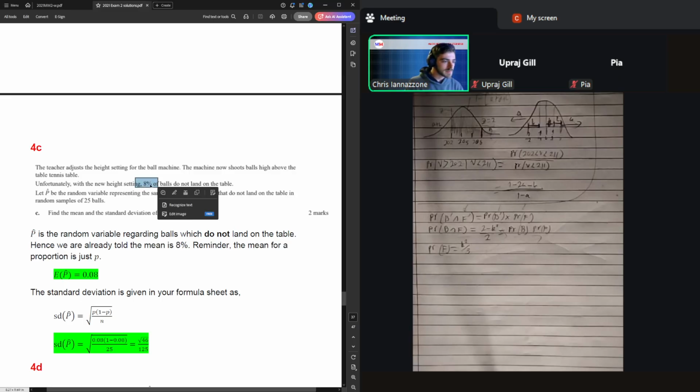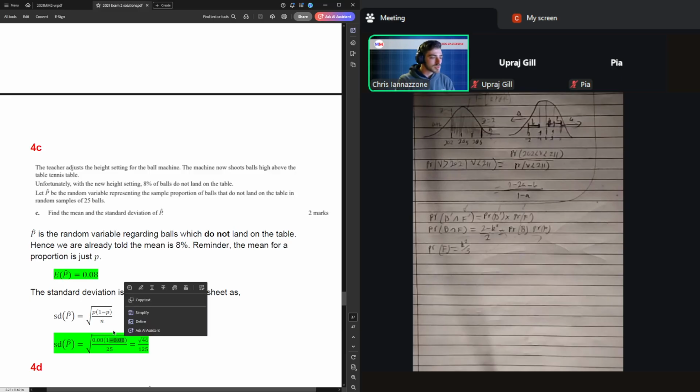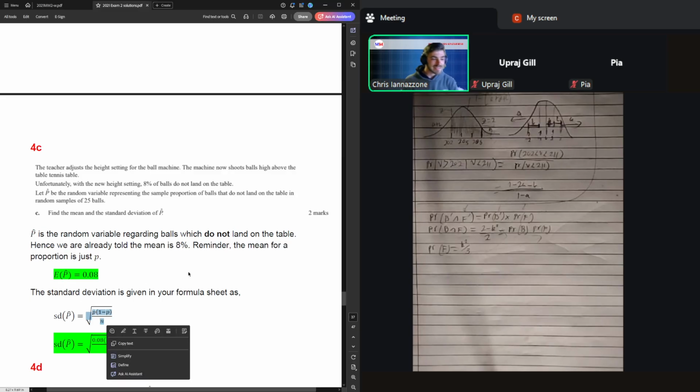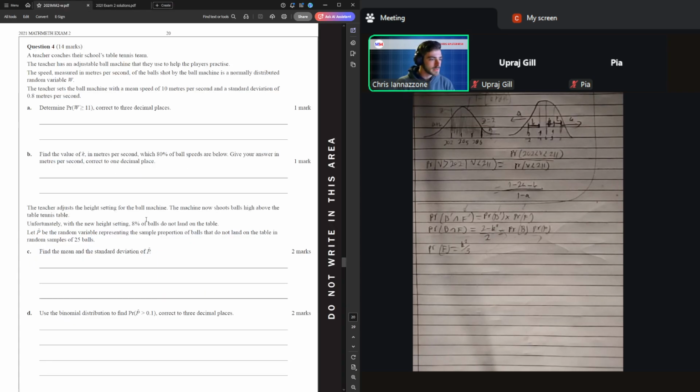The expected value, so the mean, is just taken straight from the question, no calculation required. That is the p-value which you sub into your standard deviation formula. Now note that we're using the sampling and estimation version of the standard deviation, and so it's literally just plug and play there. Random sample 25, so your n is 25, p 0.08. Flying through them.